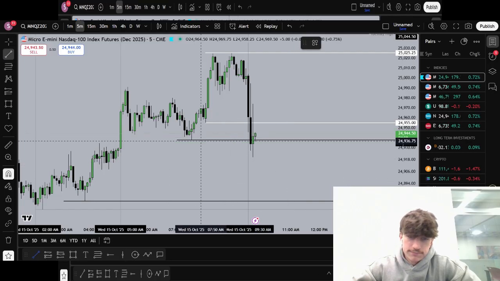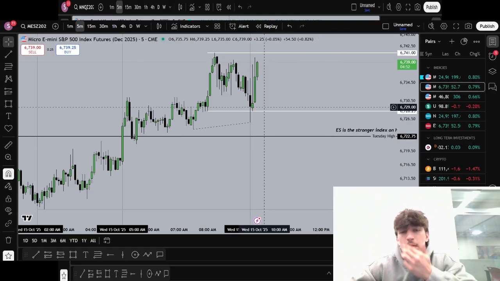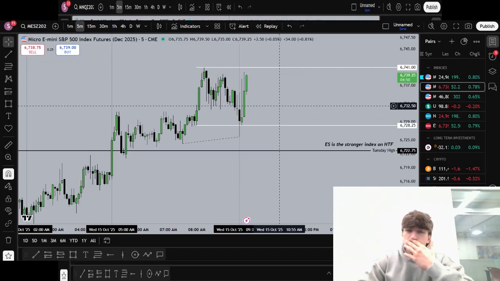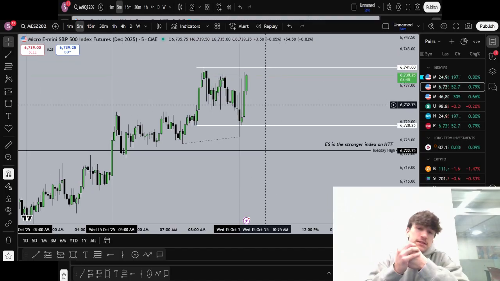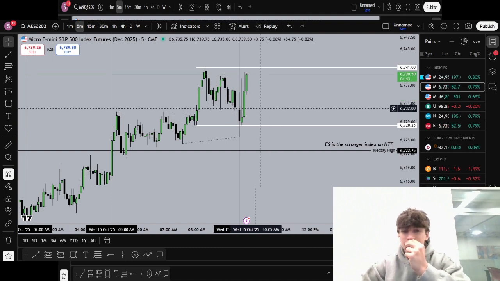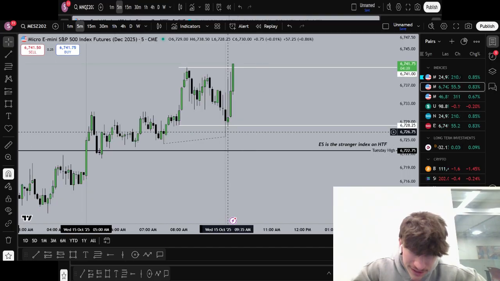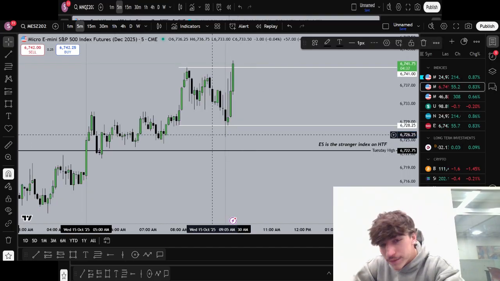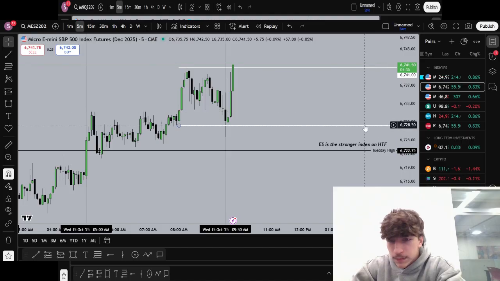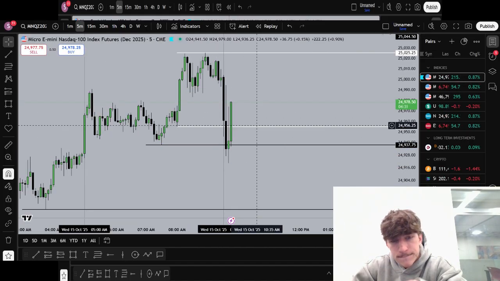There we go. SMT is now started. And we're about to fill it at perfect timing. It'll be the 950 candle right into the macro. Filled. Ignore that. Boom.